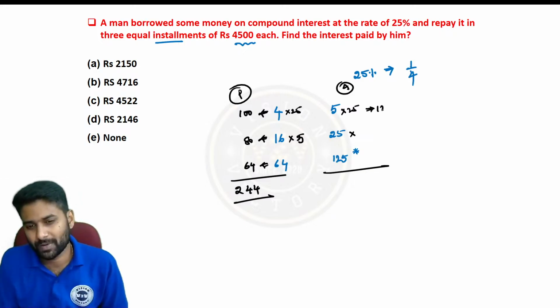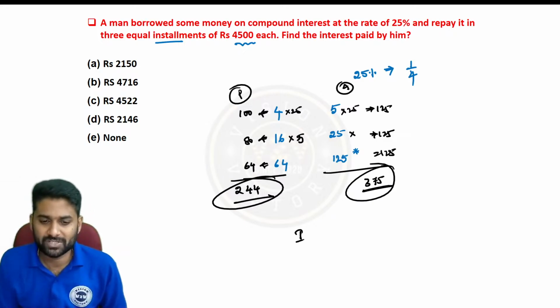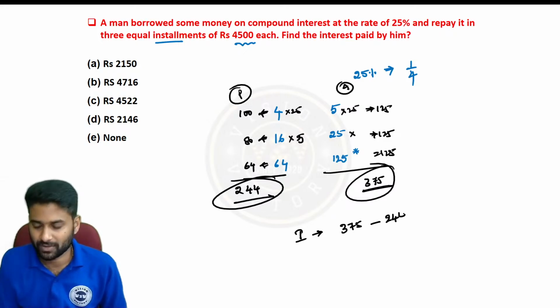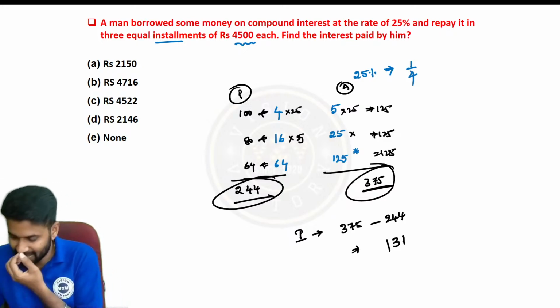You are going to pay 125 rupees, 125 rupees, and 125 rupees, so 375. You are taking 244, but you are paying 375. How much interest are you going to pay? 375 minus 244. If you subtract this value, 131 units, guys. So your paying interest is 131.